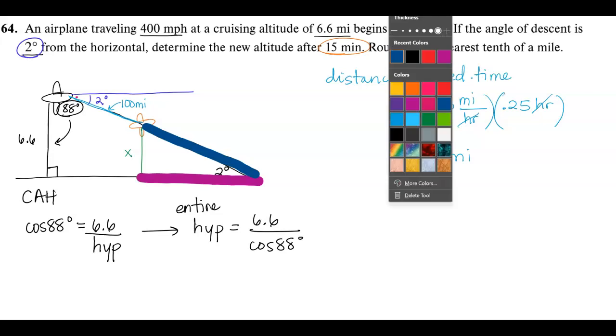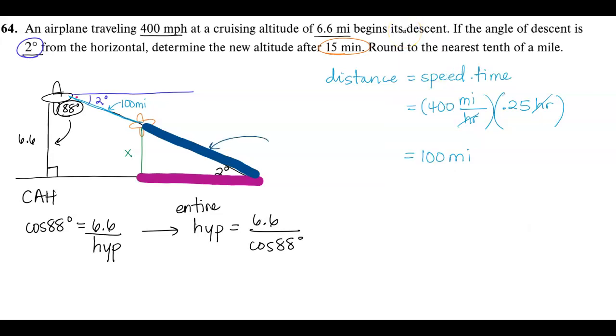Which then means that this blue piece right here must be the entire hypotenuse, which is 6.6 divided by cosine of 88 degrees, minus the 100 miles that the plane had traveled in its 15 minutes on its descent. So now that I know that, I will put this in the calculator just because I don't want it to look messy. And that gives me that blue distance of 89.1144751. I'm just going to leave all those decimal places because that's not our final answer.